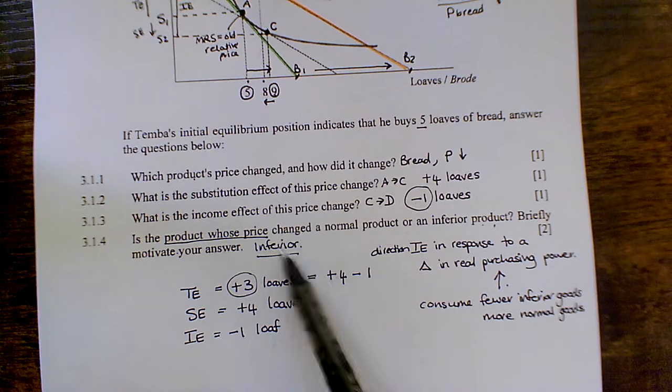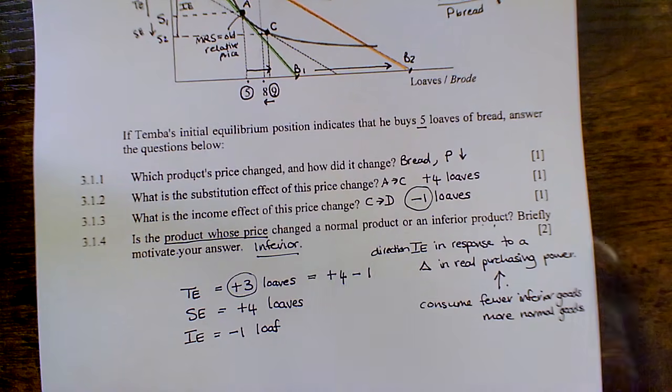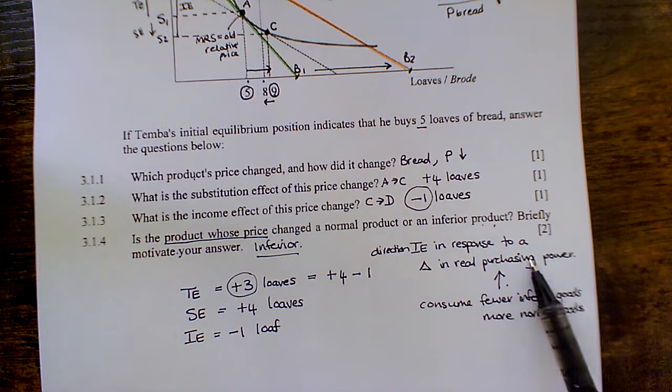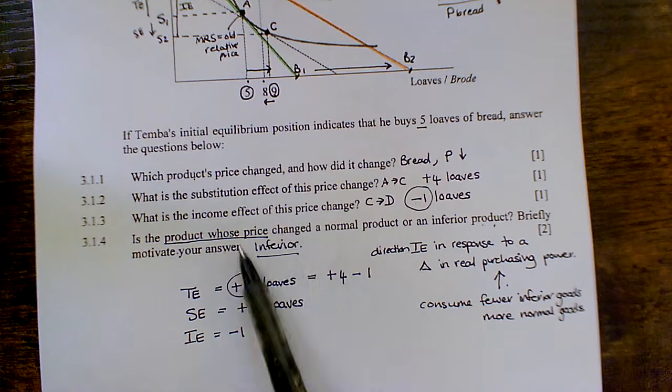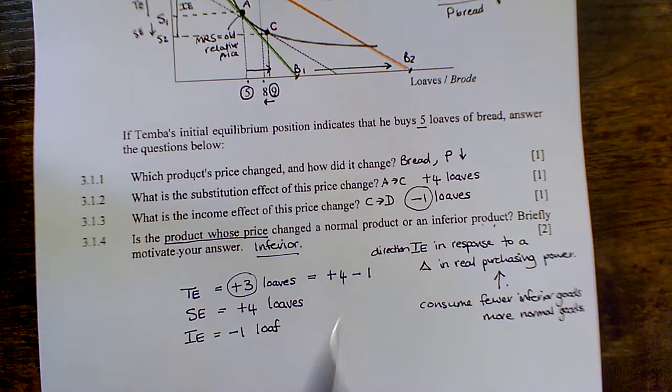This consumer chooses to consume less with a higher real purchasing power, and that gives this good an inferior quality for this consumer. It doesn't mean bread is always inferior. It just means that for this consumer, under these conditions, bread is considered inferior.